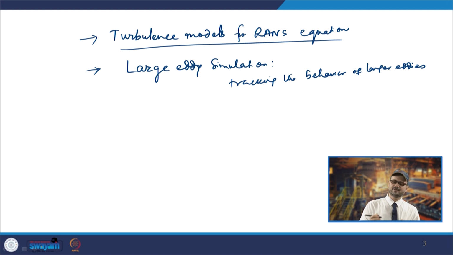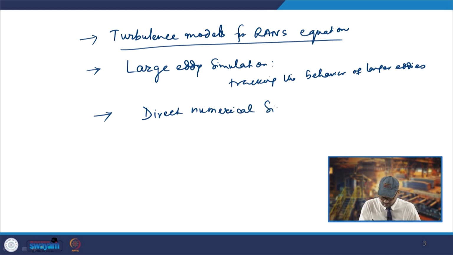So this is the second category, and then recently we also do the direct numerical simulation, also known as DNS. It will be computing the mean flow as well as all the turbulent fluctuation components.